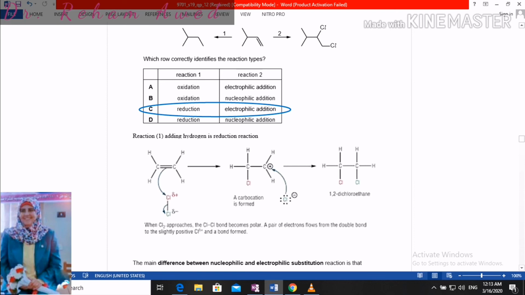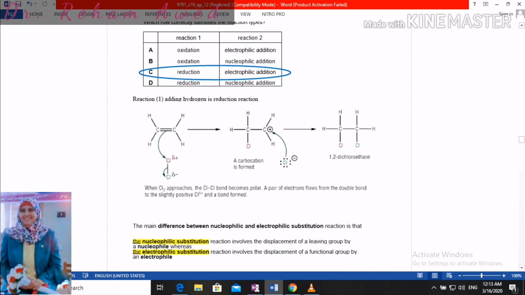The other chlorine atom contains excess electrons, so it will attack the carbon cation, and we will have 1,2-dichloroethane. Take care, the addition will be to 2 different carbon atoms, not on the same carbon atom, as it is an addition reaction. It is the mechanism of the addition reaction of chlorine to ethene. But we want to know the difference between nucleophilic substitution and electrophilic substitution.